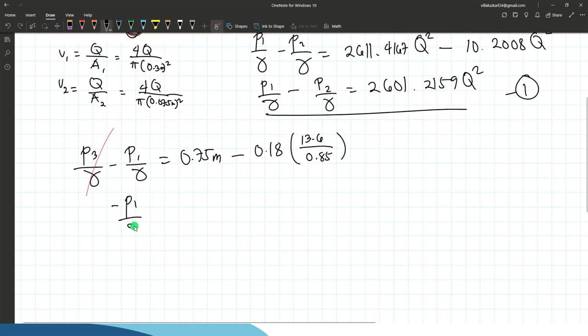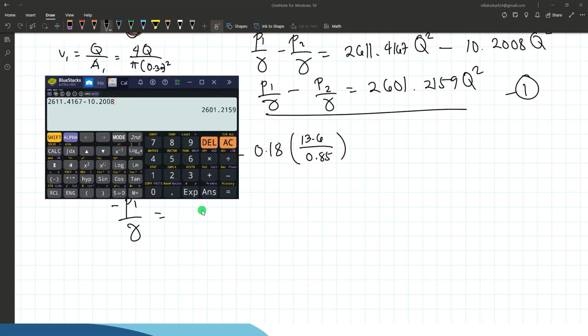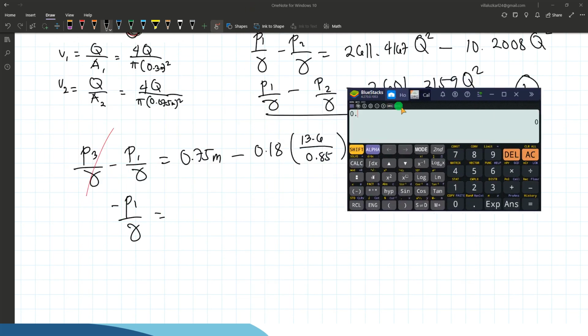So negative P1 over gamma equals 0.75 minus 0.18 times 13.6 over 0.85. We have negative 2.13 meters, or positive, because we have negative P1 here.